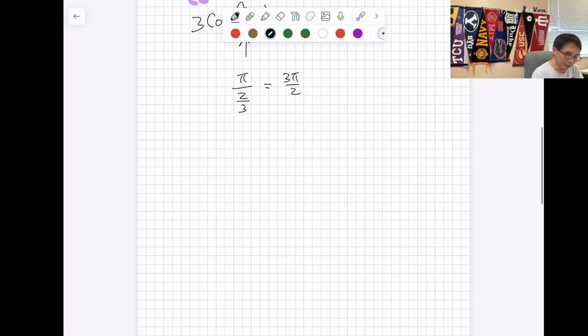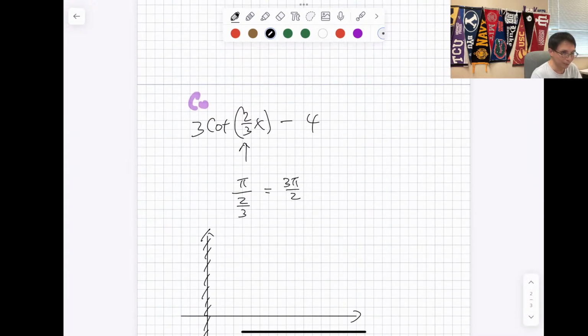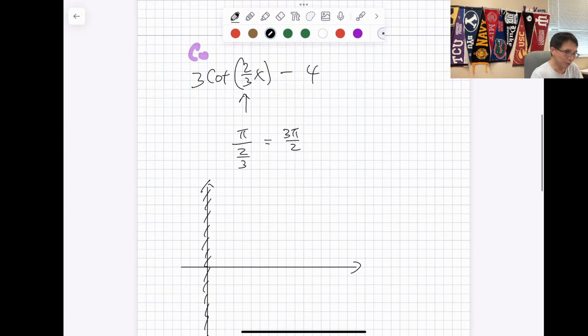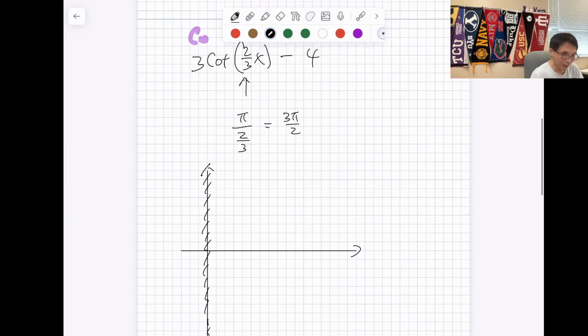The one thing that's nice about cotangent is that I actually prefer cotangent over tangent, because cotangent graphs start with the asymptote if it doesn't have a plus something or minus something. So you just start with the asymptote, so that way you can see things better. If I say plus pi over 2, then you have some transformation.